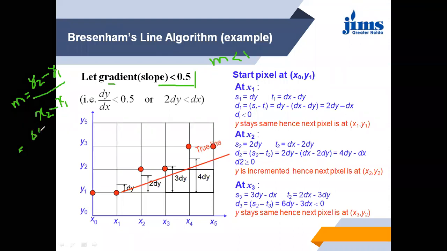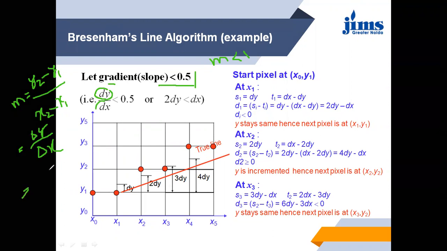So we can easily find delta y and delta x.